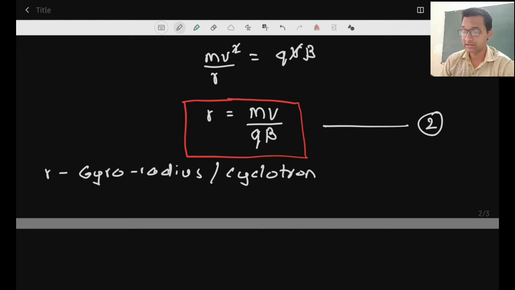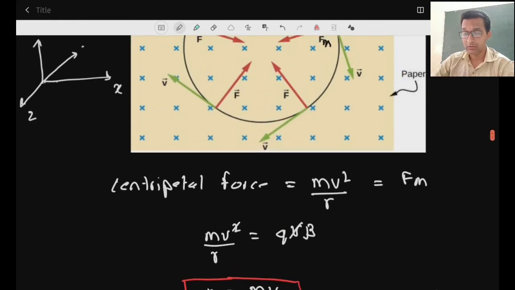From the equation it is clear that the more the mass, the more will be the radius, and the more the velocity, the more the radius will be. The charge is in the denominator, so the more the charge, the smaller will be the radius. That is what is used in the cyclotron, where we try to accelerate or increase the velocity of the particle. Now here we have seen how the particle behaves if it enters at an angle of 90 degrees to the magnetic field.